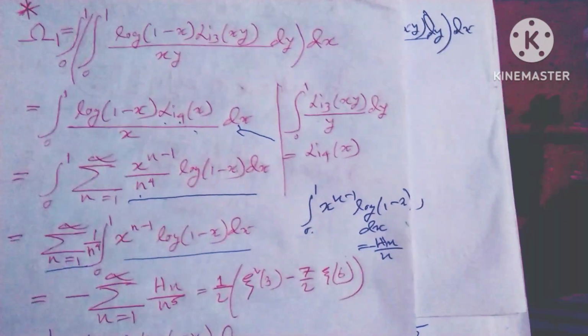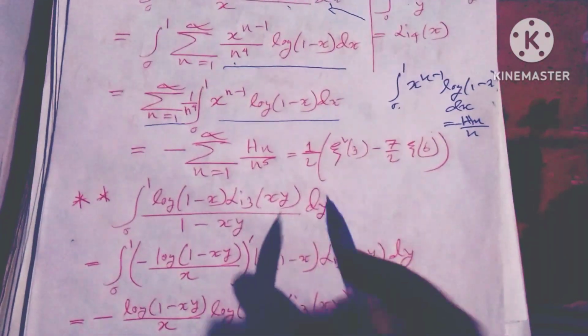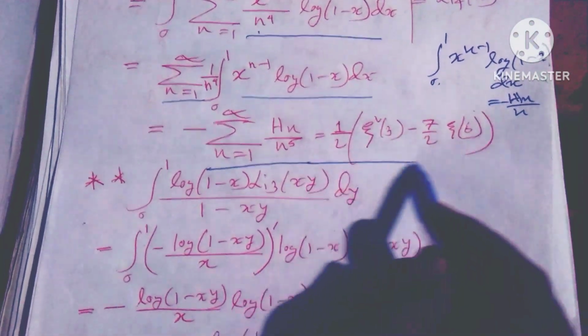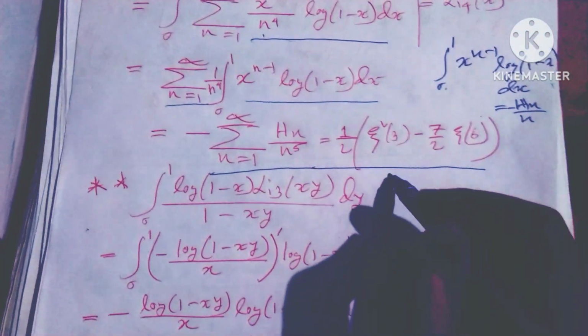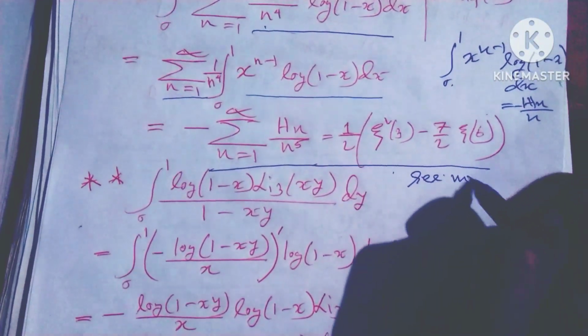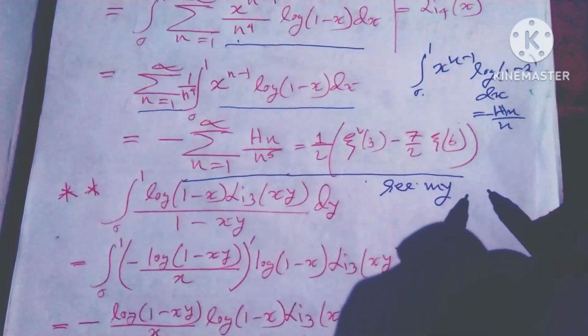So the sum of H_n by n to the power 5 from n equals 1, and this generalization equals this generalization. See my channel on YouTube.